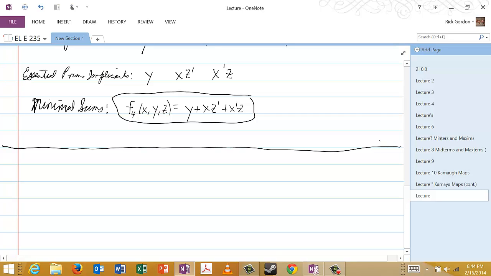So now let's do our first function of 4 variables. And this problem is in the book. It is problem 5.4.